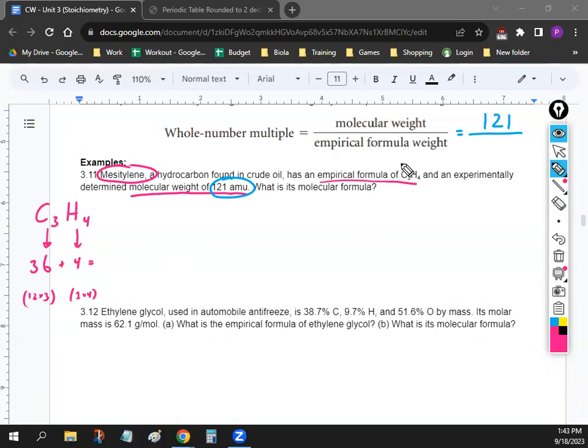So the empirical formula weight is 40 AMU. That's what we mean by finding the empirical formula weight. I'll pause right there, but any questions on why we plugged in those values? Hopefully it's not too bad.